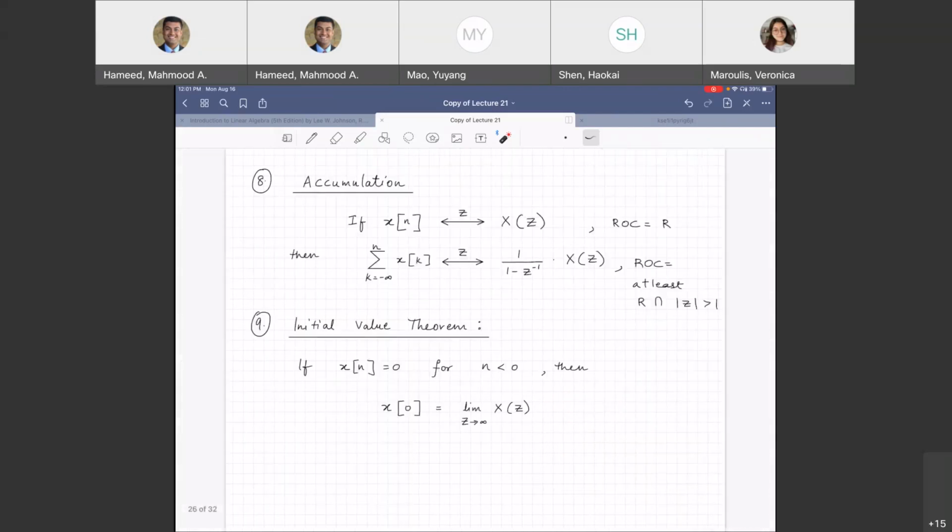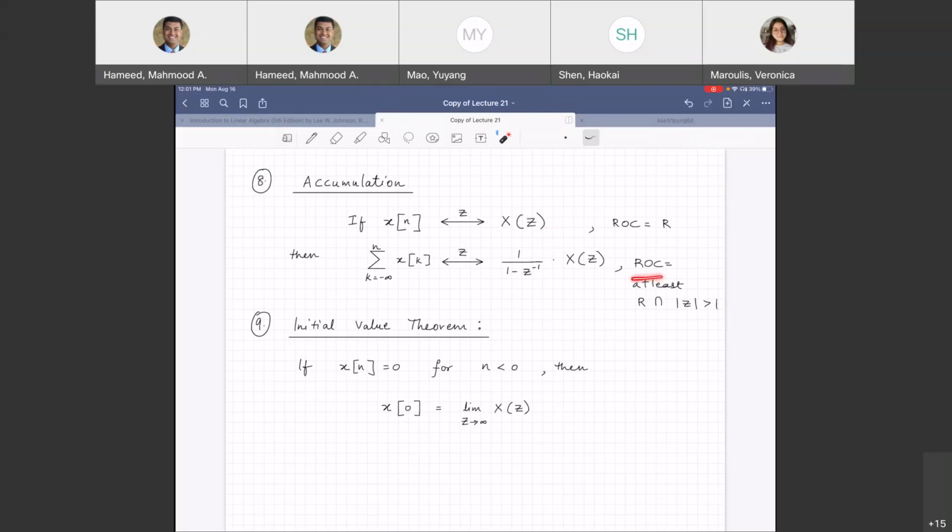Let's move on to accumulation. If x of n has a Z transform of X of Z with some region of convergence R. If you sum up all the elements in X of N, then the resulting Z transform of that is simply going to be 1 divided by 1 minus Z inverse, X of Z remains as is.